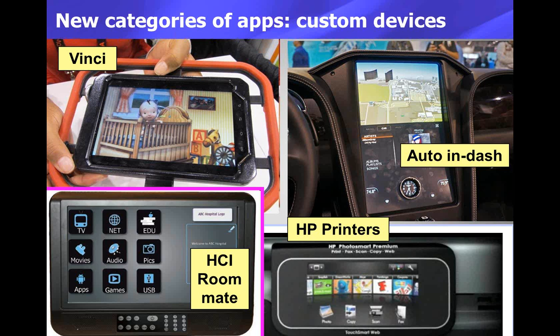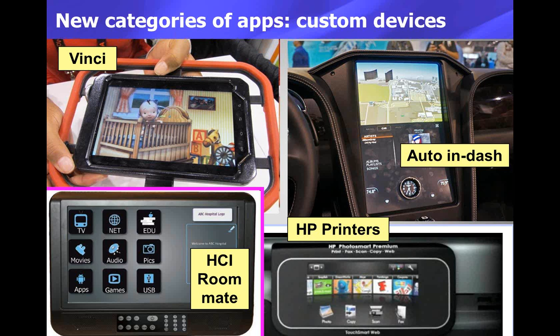The screen in the top right is a screen in a car dash at a recent car show, and that screen is intended to be presenting touch-enabled apps to the driver. Now, whether or not it's appropriate for the driver to be working with apps as they're speeding down I-5 is a separate conversation, but that ship has sailed.